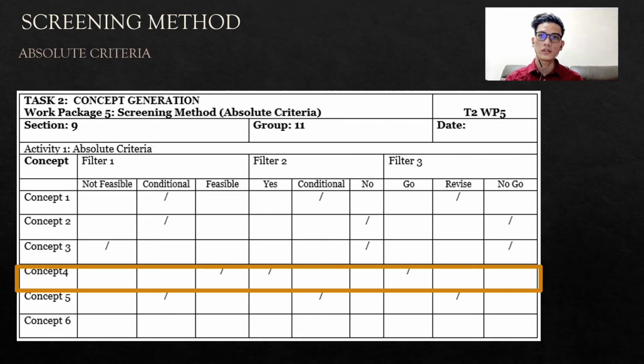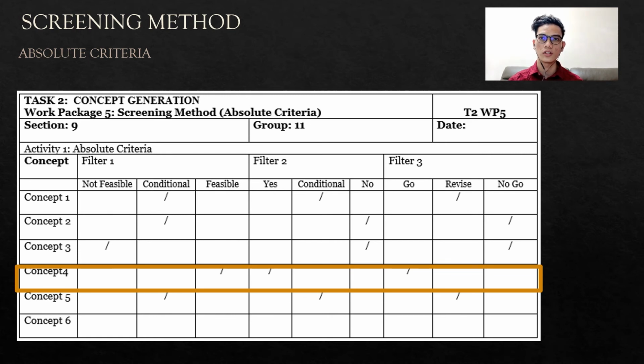For the next part, I will be presenting the screening method, which is the absolute criteria and the relative criteria. First of all, for the absolute criteria, we put all of the concept sketches side by side and screen them. We found that concept 4 has passed all of the filters, which are the feasibility judgment, the assessment for technology readiness, and the go/no-go screening compared to the other concepts.